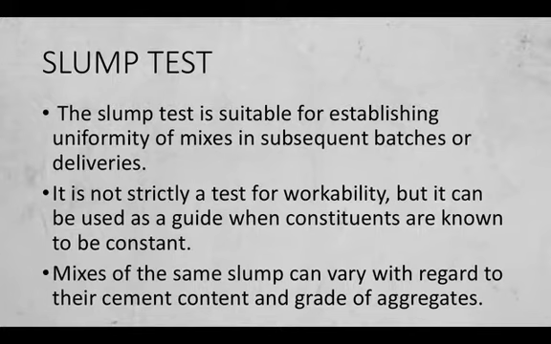When you talk about the grading of the aggregate, you talk about the fine and the coarse aggregates, their different sizes, their shapes, their moisture content, and these different things.